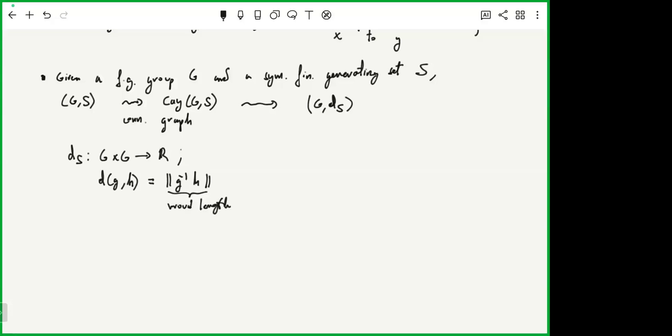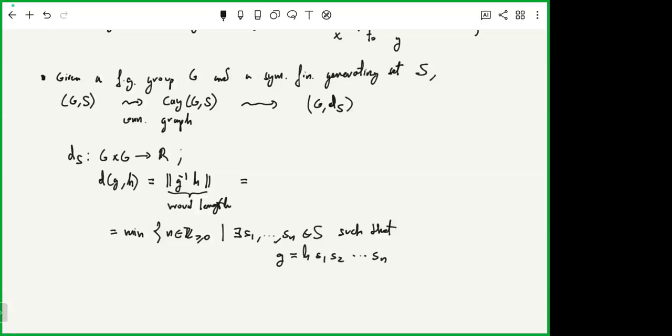This means: what is the minimum number of generators I need to express this element of the group? So in other words, it is the minimum number of generators that I need to go from H to G.